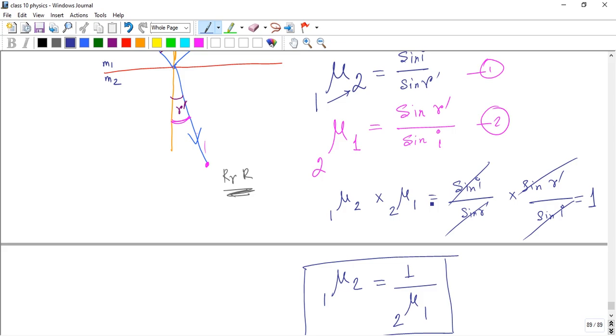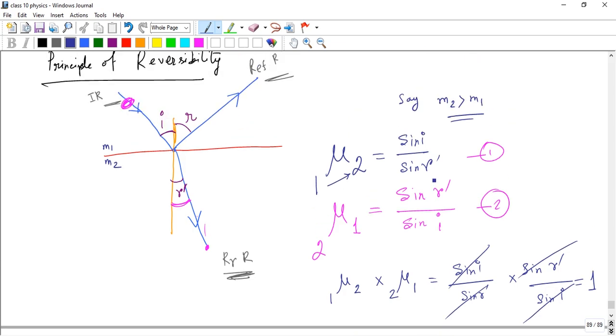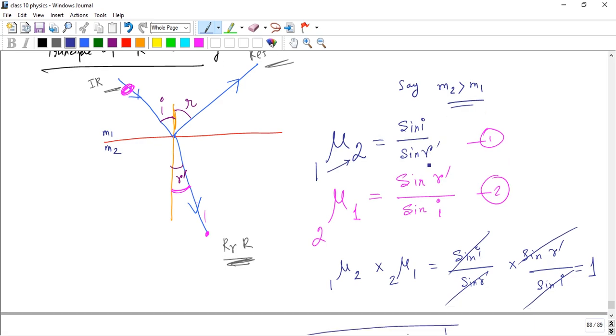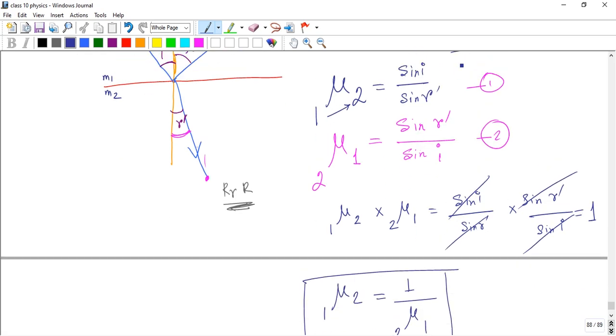Clear? Very easy concept. Okay, prove that from Snell's law. Also a similar type of proof, using the speed of light concept.